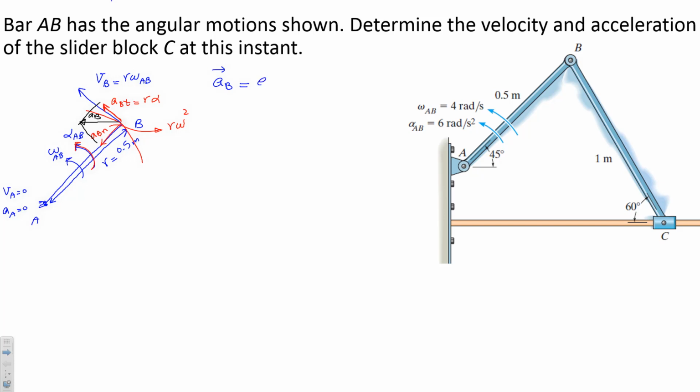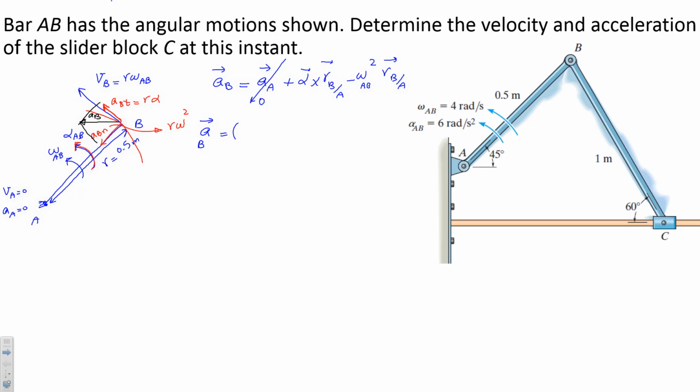Acceleration of point B is equal to acceleration of A plus alpha cross r B slash A minus omega square r B slash A. Acceleration of point A is equal to 0. It's a fixed point. So AB is equal to alpha cross r.